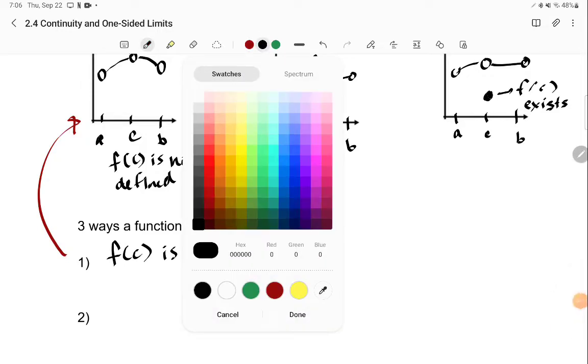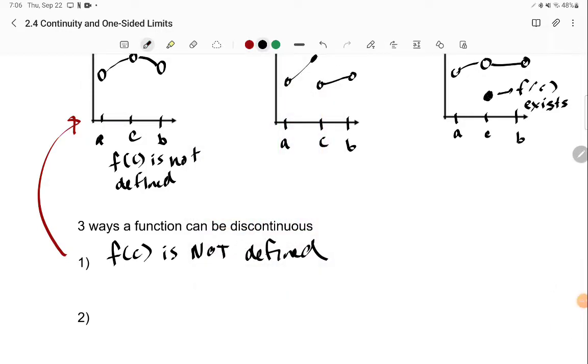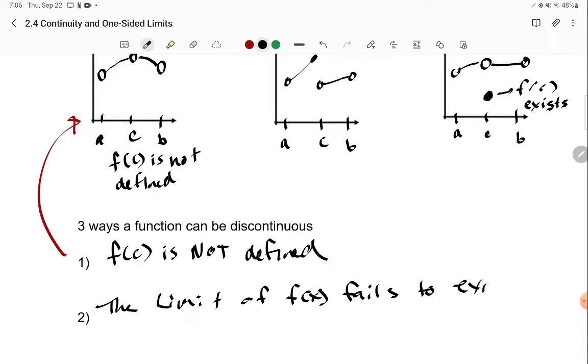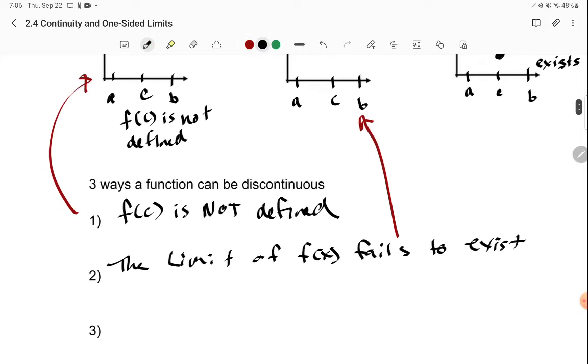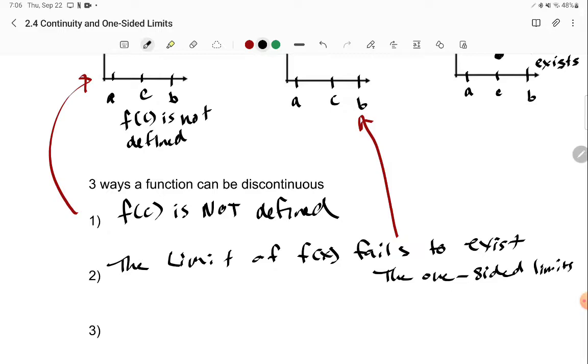Number two, the limit of f of x fails to exist. And that would be an example right here. That is because the limit from the left and the limit from the right, which we're going to call the one-sided limits, are not equal.